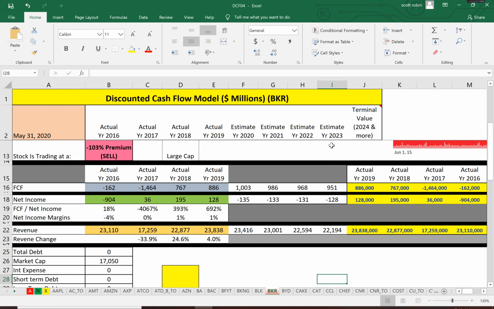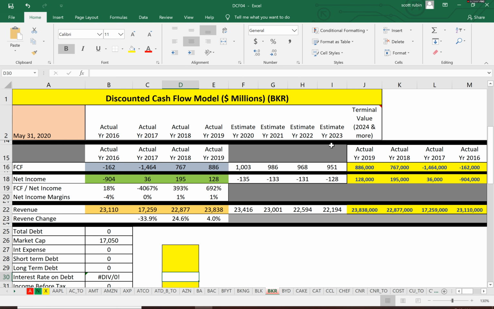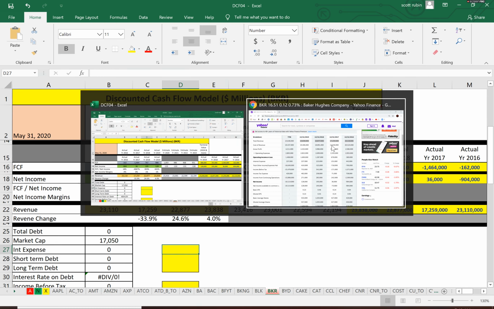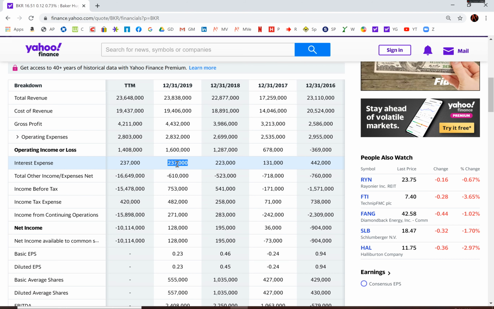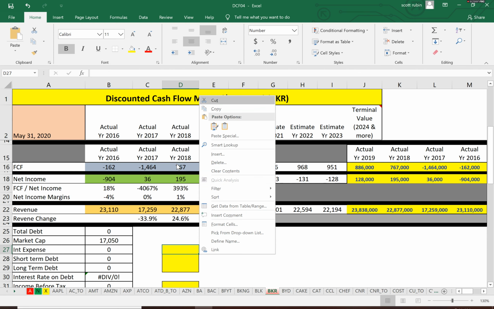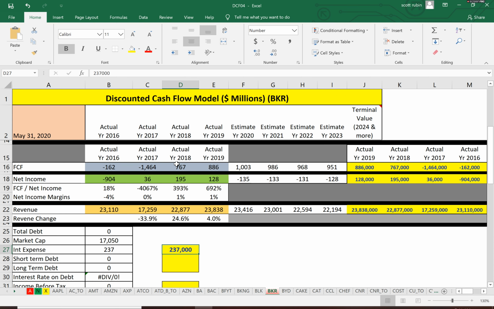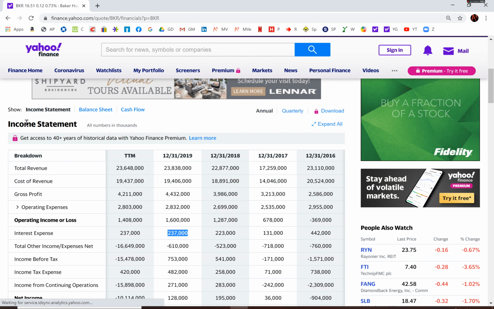Now we need to look at the capital structure of BKR to figure out the discount rate we need to apply to the future cash flows. So the interest expense is 237 million. That's the interest they pay on their debt. And let's see how much debt they have. We'll go to the balance sheet.